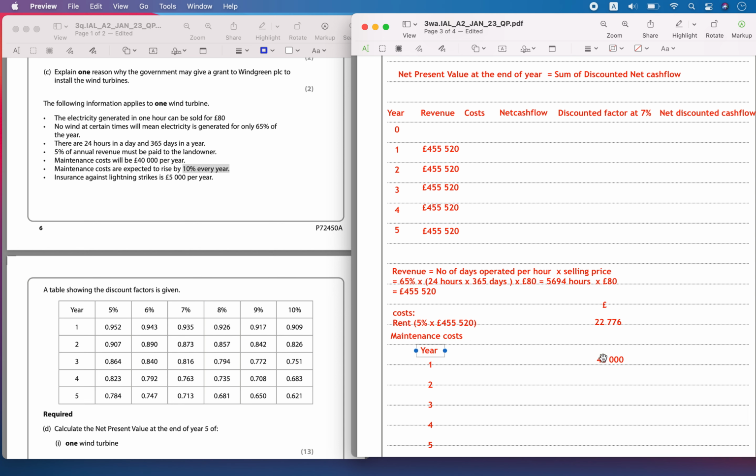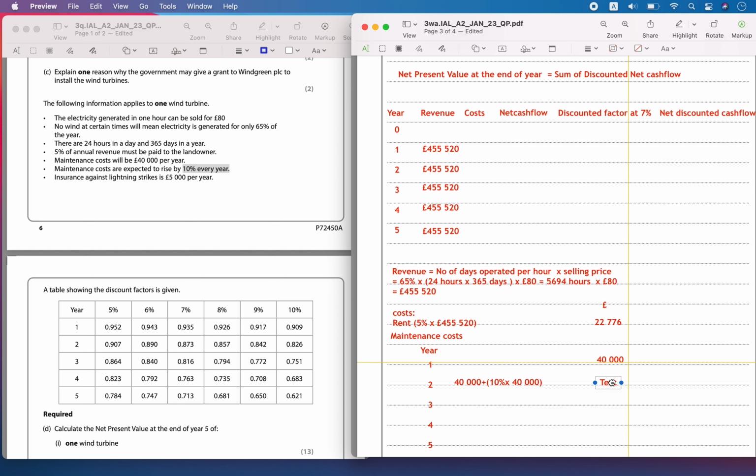Then for the second year, it is a 10% increase. 10% of 40,000 is 4,000, so apart from the 40,000 it is going to increase by 4,000.